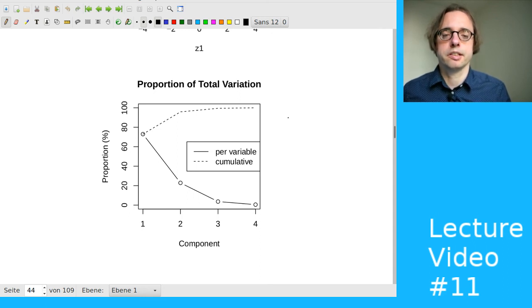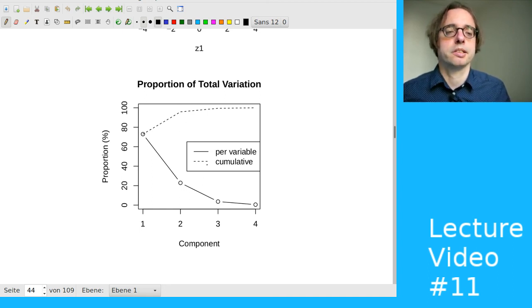So you can see how much variation you have in the first component, how much you have in the second component, and so on. Of course, this is simply proportional to the cumulative sum of the eigenvalues. And sometimes these plots are used to figure out how many principal components you would like to keep.